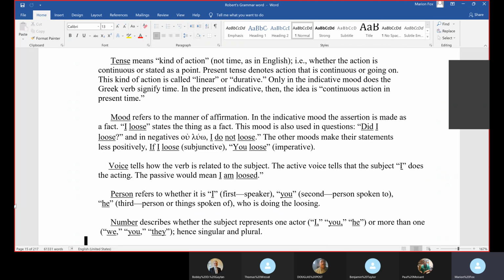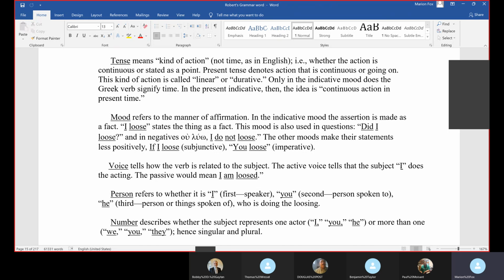The indicative mood can be used in asking questions, such as, did I lose? And in negatives such as, I do not loose. That would be luo. And so we would have here, I don't know where my cursor is, luo, right across there, I do not loose.